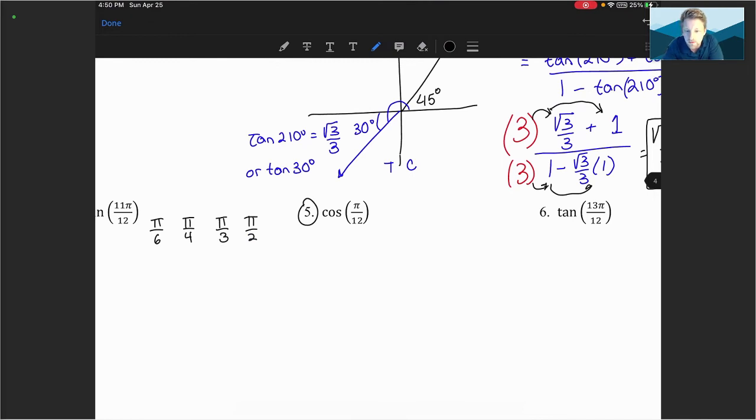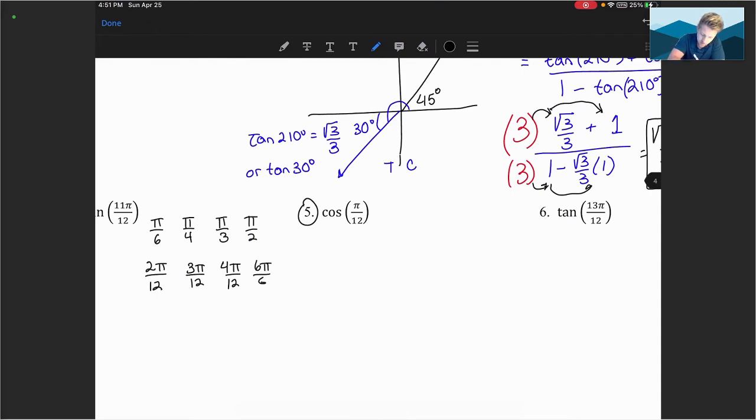So if we consider these in terms of the denominator of 12, we could rewrite these as 2 pi 12ths and 3 pi 12ths, 4 pi 12ths, and 6 pi 12ths.